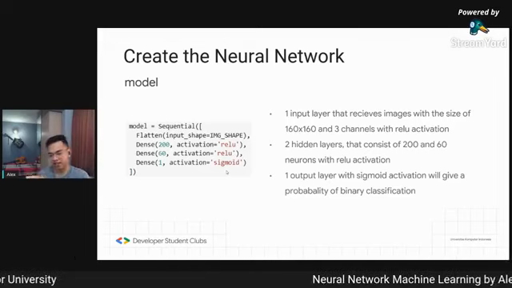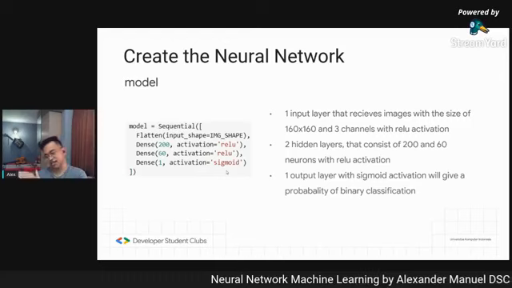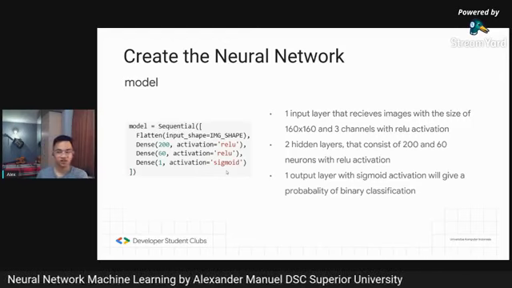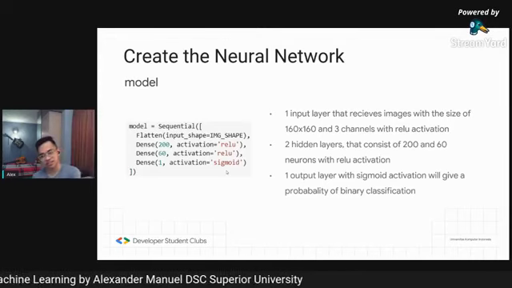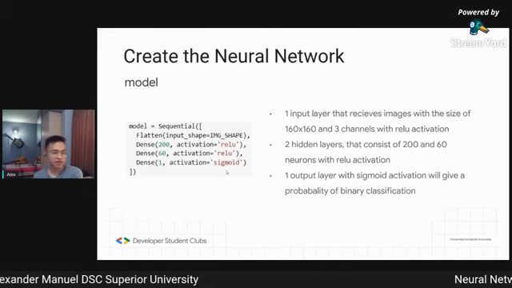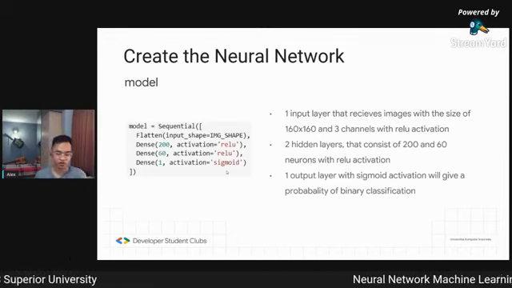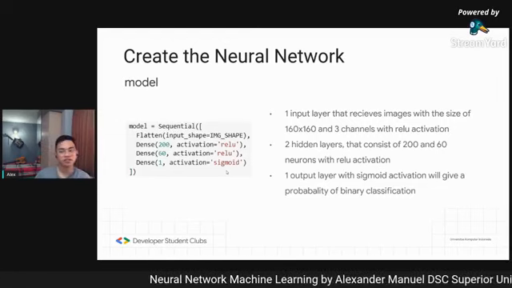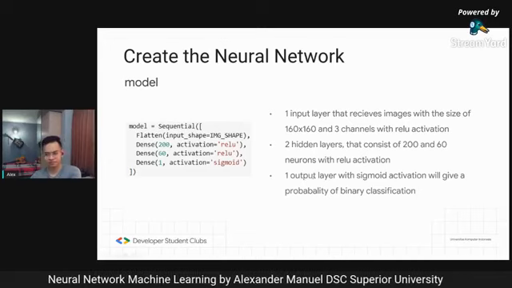You can use as many neurons or as many layers as you feel you need. But again, it depends on the power of your computation, on your engine, or the time that you will provide for that.